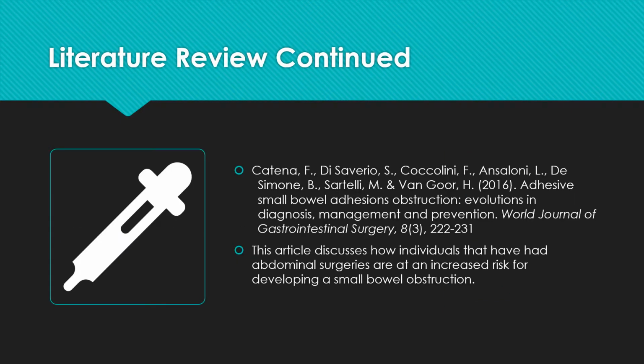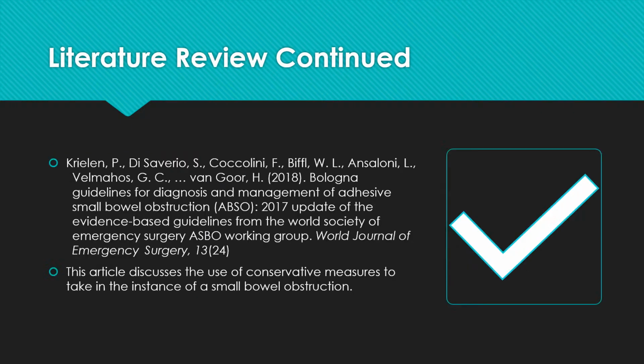This article discusses how individuals that have had a history of abdominal surgeries are at an increased risk for developing a small bowel obstruction due to adhesions. This article discusses the use of conservative measures to take in the instance of a small bowel obstruction. These conservative measures include making the patient NPO, or nothing by mouth, inserting a nasogastric tube for decompression, and ambulation.